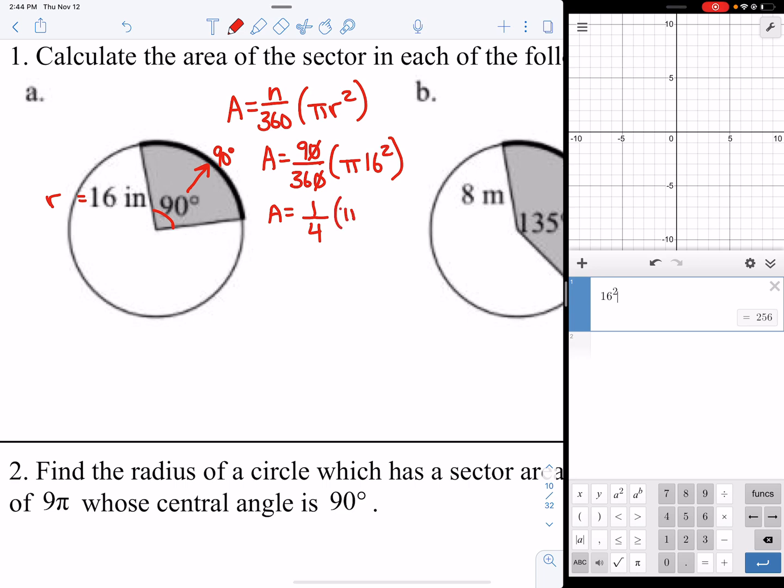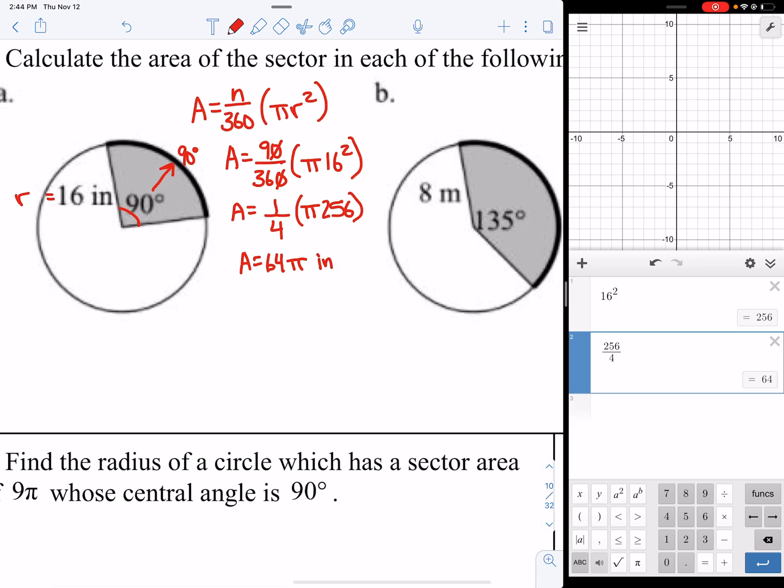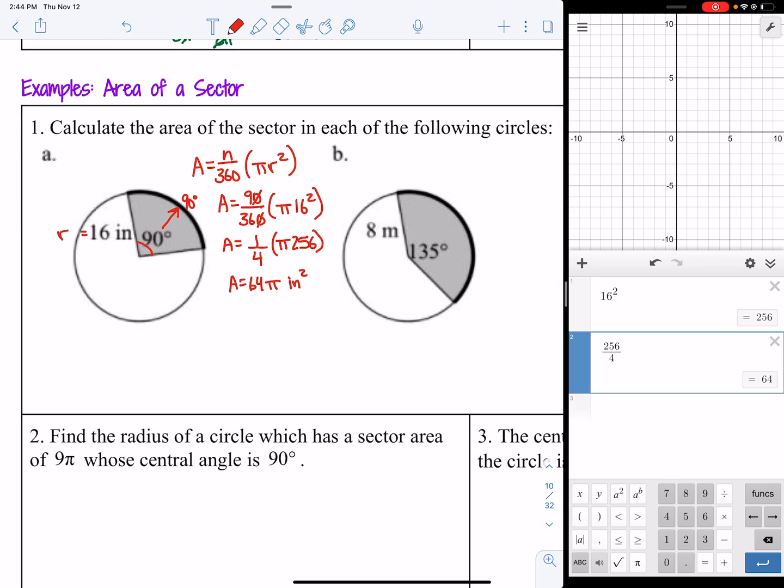So we have pi times 256. And then we could say 1/4 of that. In other words, 256 divided by 4 is 64. So we end up with 64 pi for the area of the sector. And we could put square inches since they did give us the dimensions.